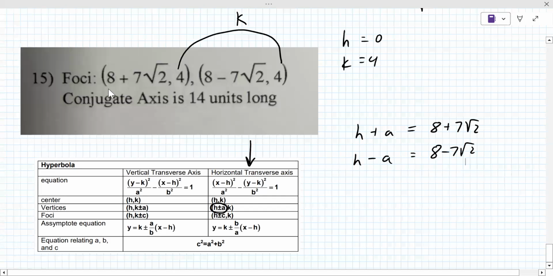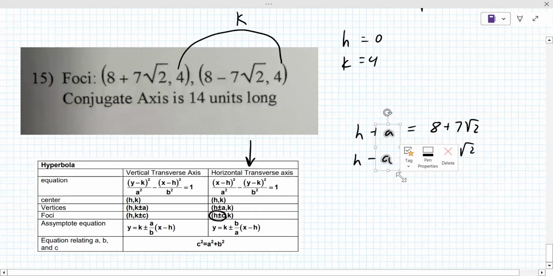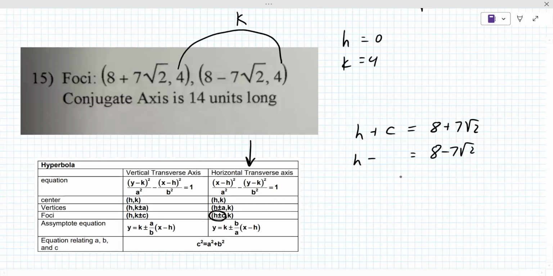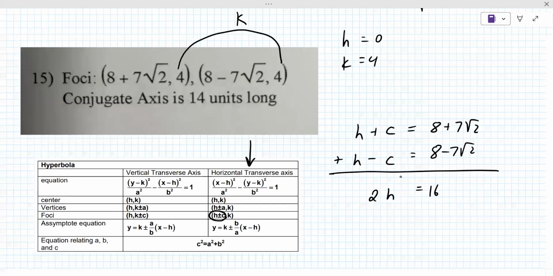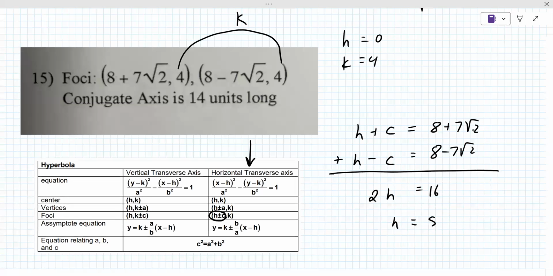So in the previous problem, we did like K plus C, K minus C. I'm sorry, I'm looking in the wrong place. Foci, not vertices. They could give you the vertices, but they're not. So now you add up the equations. 2H equals 16. Isn't that nice? That went away. H ends up being 8.